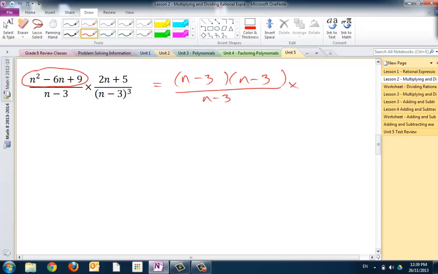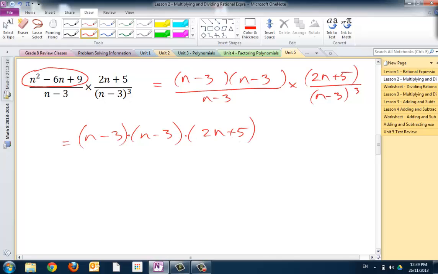That's going to be multiplied onto 2n plus 5 over n minus 3 cubed. And at this point in time, if you wanted to start doing some simplifying, you could, or you could write it out in long form if you wanted to. If we wrote it out in long form, I'll do that quickly. We'd have this.